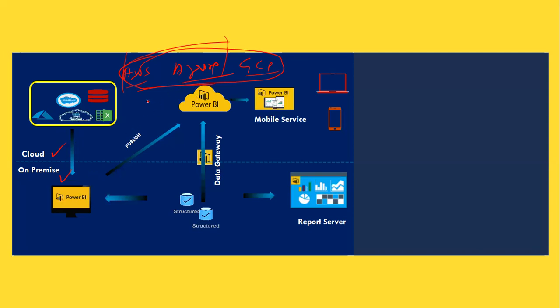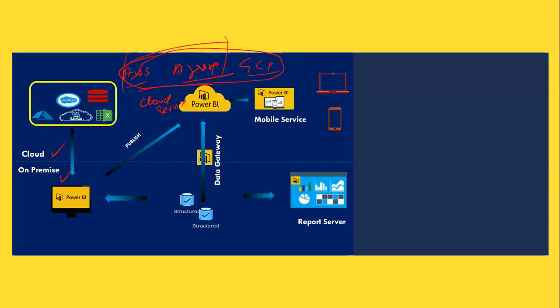The second component is the cloud services, Power BI cloud services. Once you publish the report on cloud, it is available for all the stakeholders in your company across the globe, and anytime they can go and access it using any device. You can use a tablet, a smartphone, a laptop or a desktop.